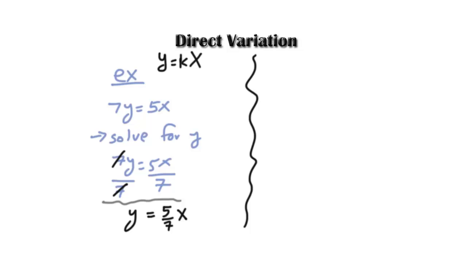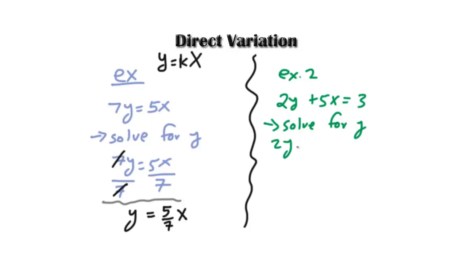Now let's take a look at this example here, example 2. Let's say you have 2y plus 5x is equal to 3. Again, we want to check to see if this equation is a direct variation equation. So again, we're going to solve for y. Let me rewrite that one more time. The first step is minus the 5x.